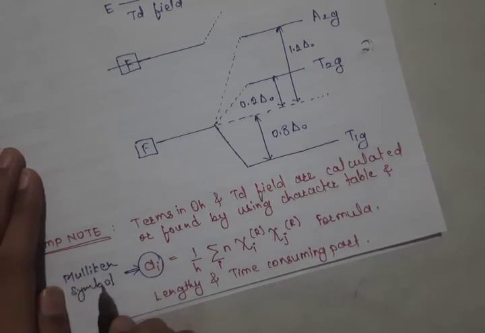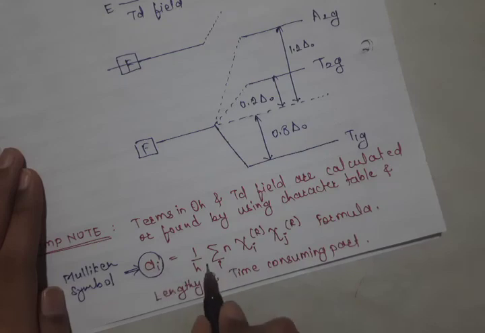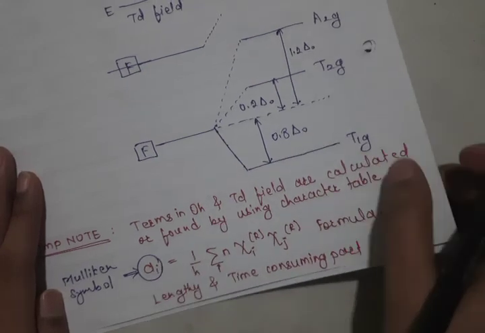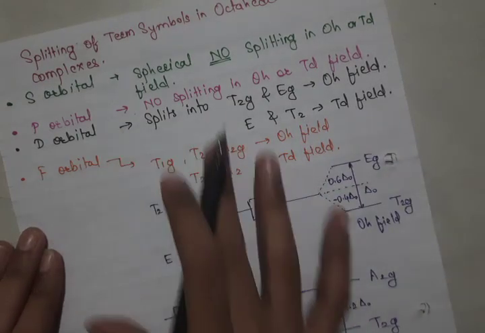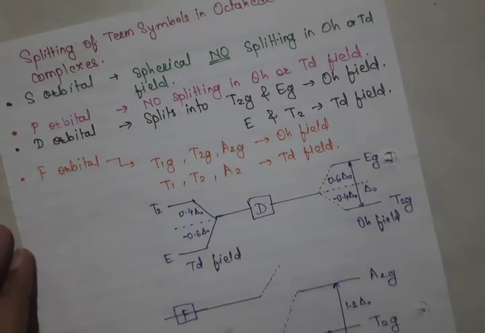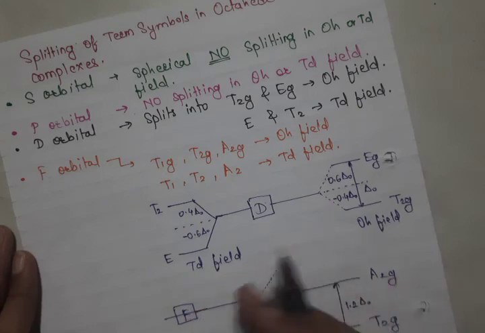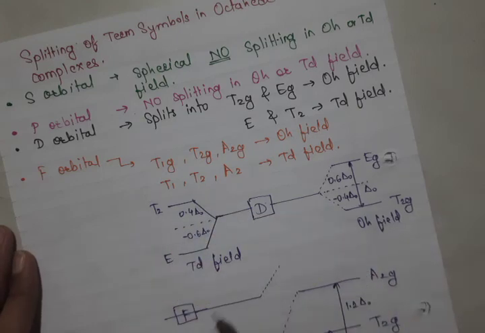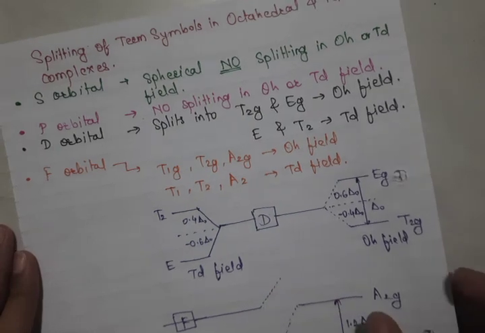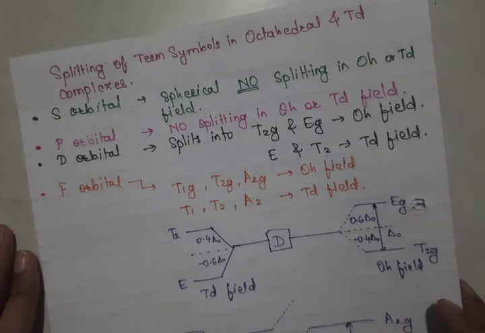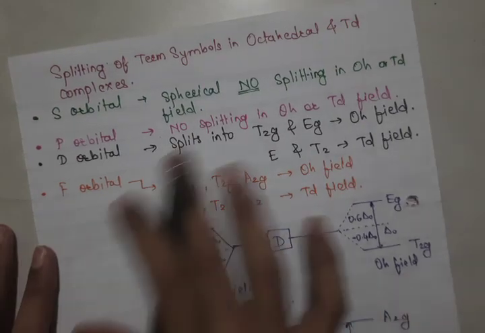Then there is a mathematical formula with which we can find the splitting of terms. Actually this part is very lengthy and nobody will ask it in competitive exams. It is for the theory portion of semester exams. But right now we are focusing on the MCQ part, that's why I am telling it directly.